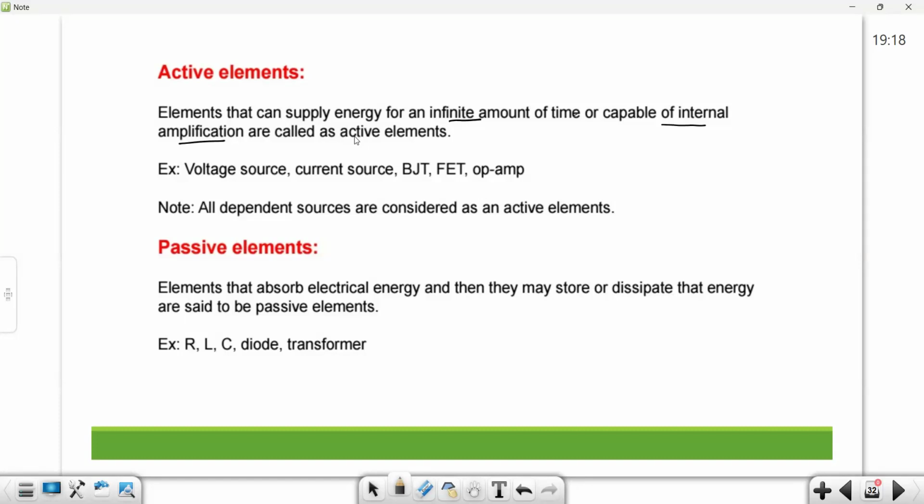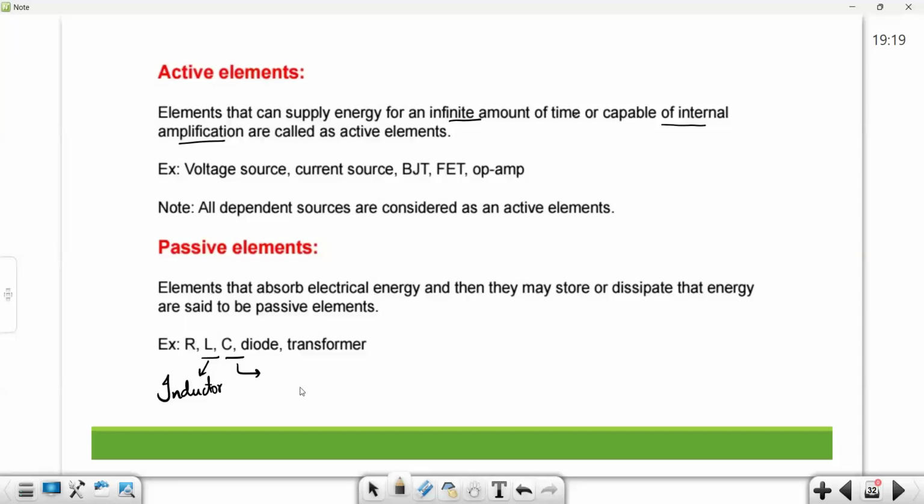What is passive? Passive elements are those which absorb electrical energy, and they may store or dissipate that energy. I told you infinite amount of time means for a very long time. If it is capable of supplying energy for that long, we call it a source. Inductor and capacitor also store energy. An inductor stores energy in the form of a magnetic field, a capacitor in the form of an electric field.